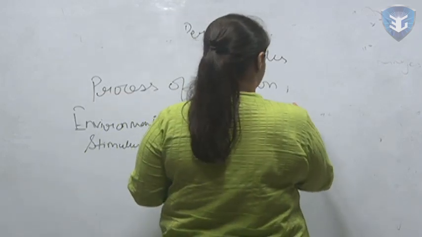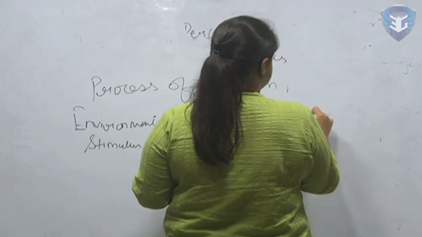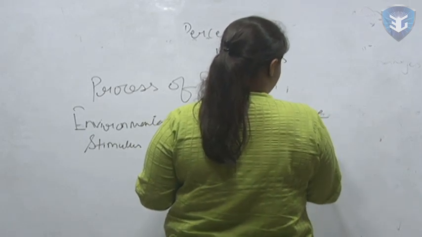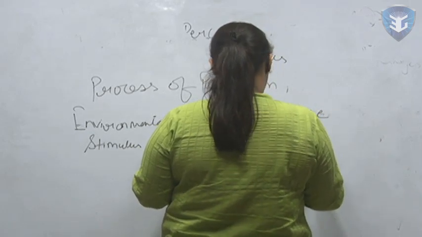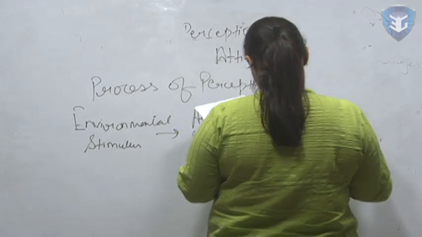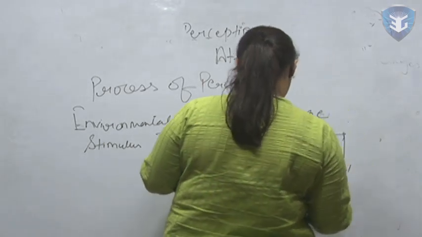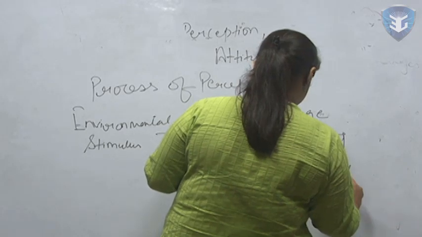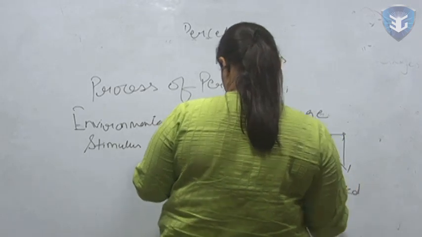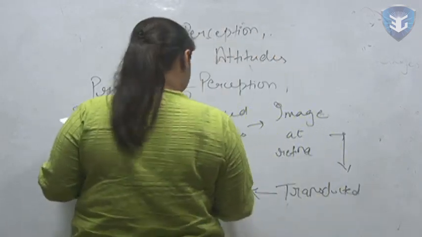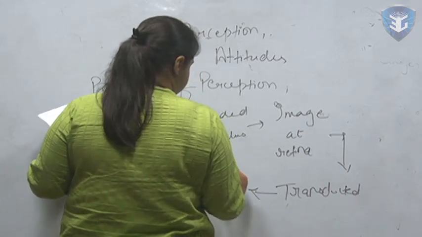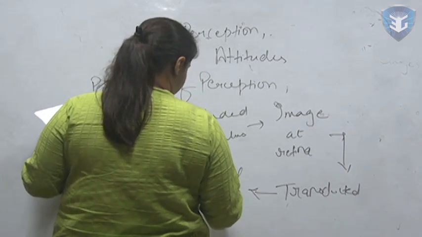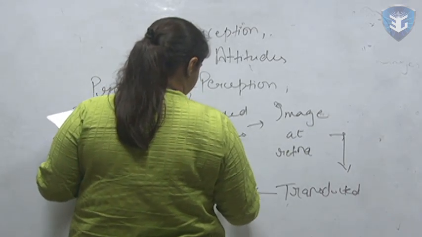Then after this a certain image is formed at the retina, which is then transducted. Then comes neural processing, means the message then goes to the brain.